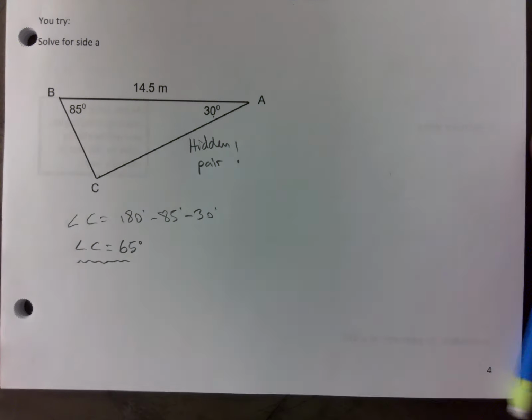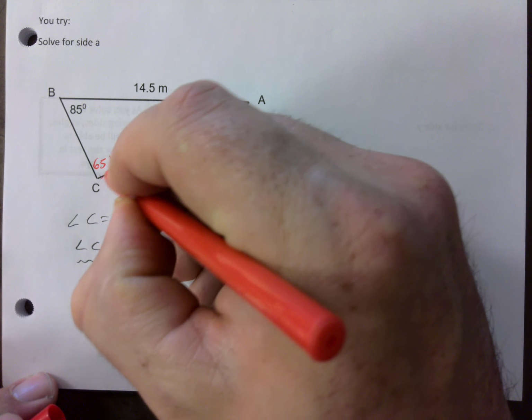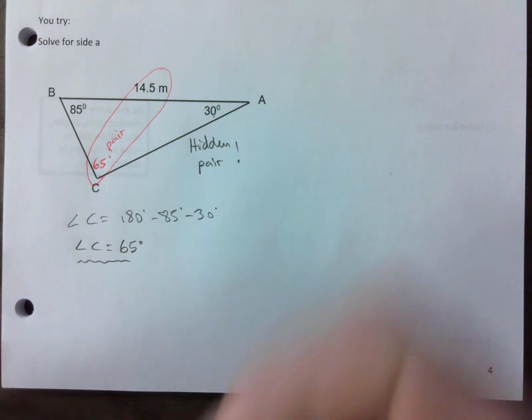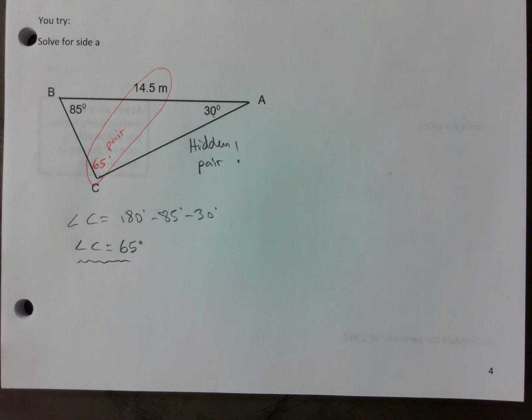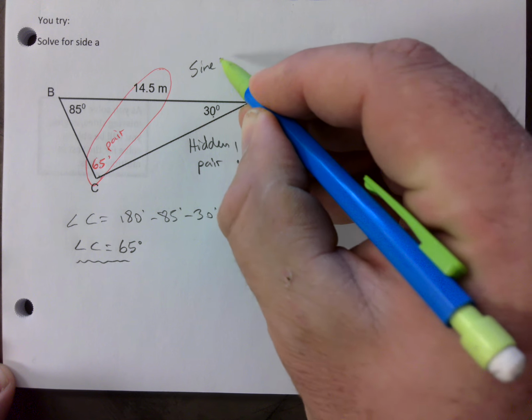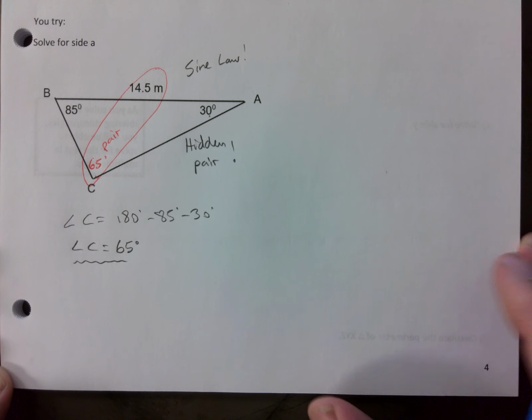So you get 65 in there. You now have a pair. So if you have to do some work to get your pair, do it. Okay? Do it, and then you'll see sine law, right? Because of that pair, sine law.